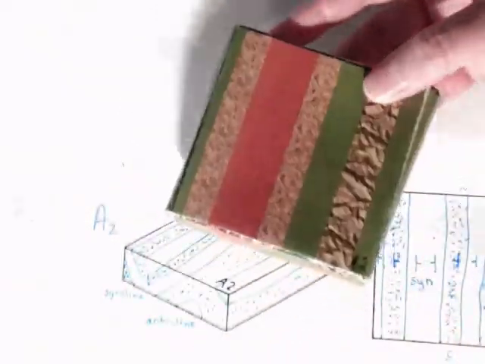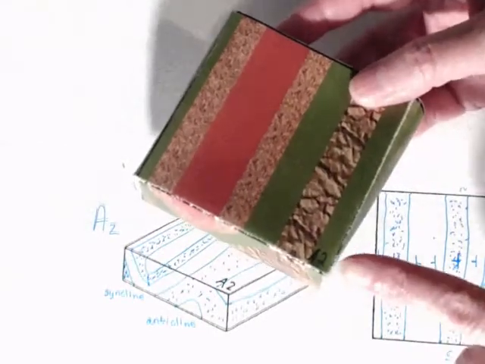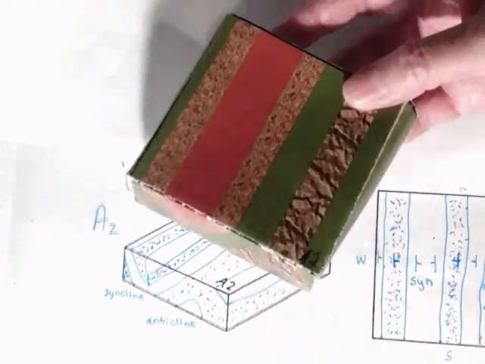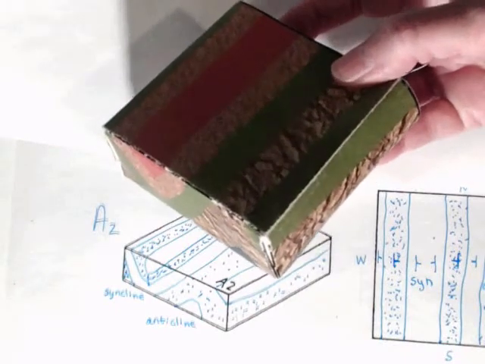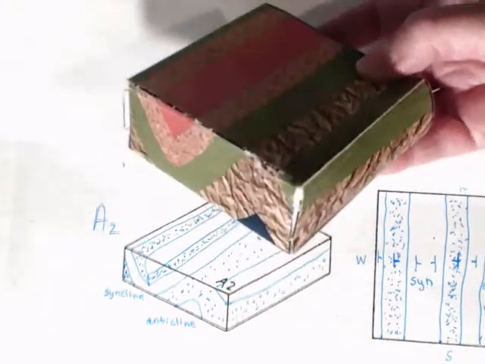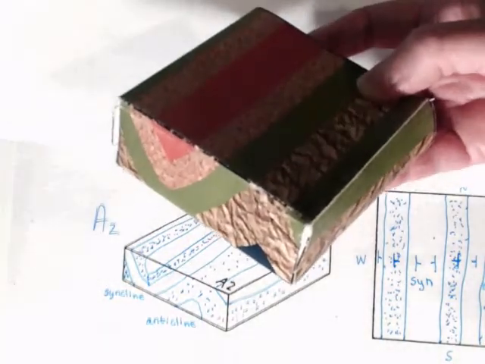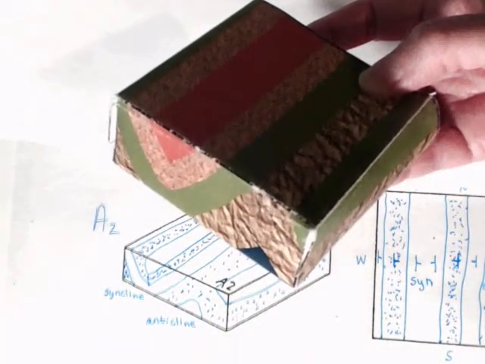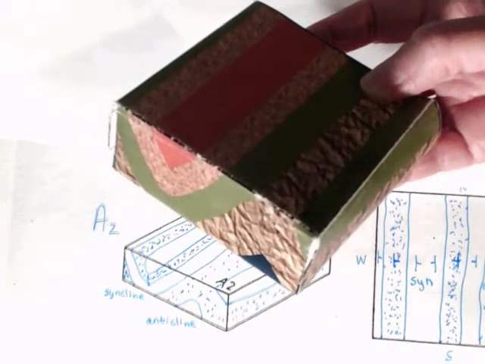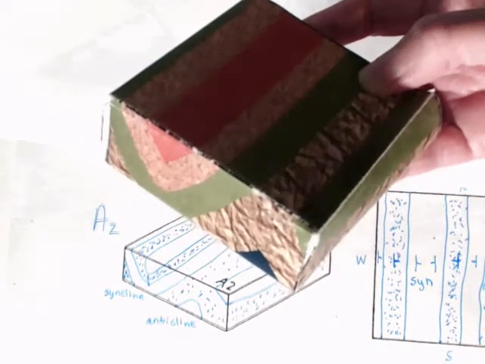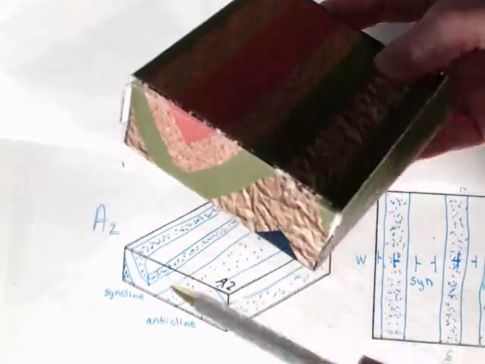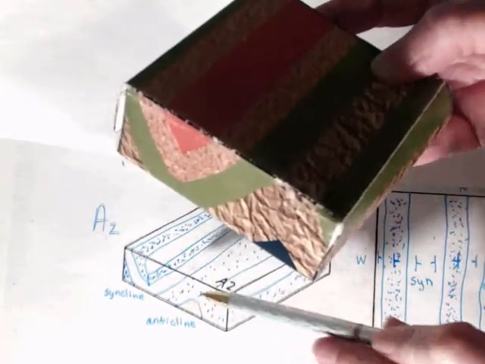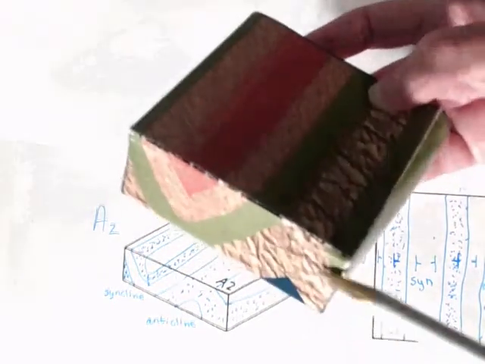So orienting that, make sure you've got the box where the A2 is down in the right hand corner, and you're getting to see a little bit of the front and then that side view as well. When you look at that, we're starting to see a downward arch of the strata, and an upward arch.